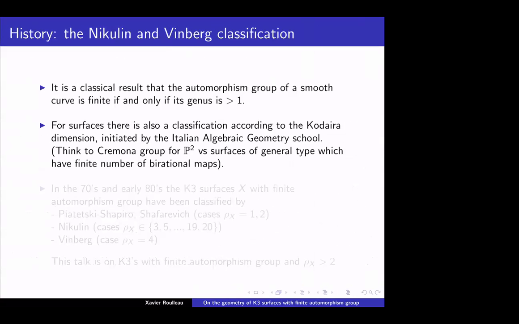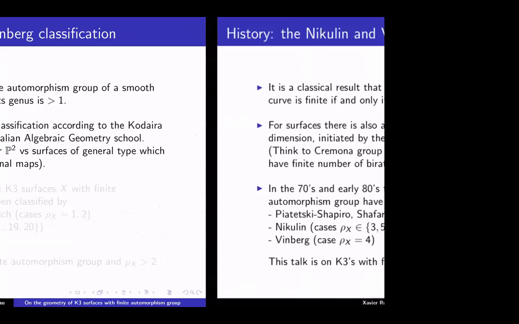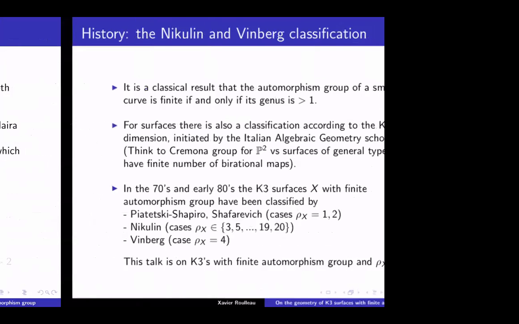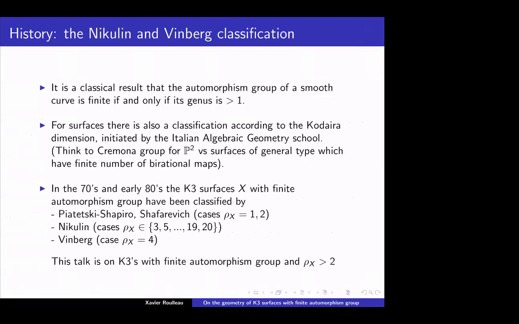You can think of the Cremona group for the plane versus the surfaces of general type, which have a finite number of automorphisms. And in the 70s and early 80s, the K3 surfaces with finite automorphism group were classified by Piatetski-Shapiro and Shafarevich. In fact, that was a corollary of the Torelli theorem.